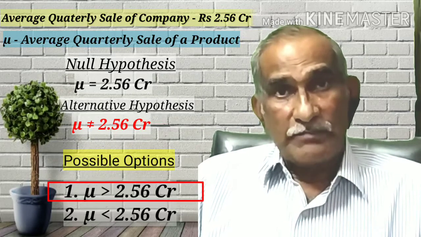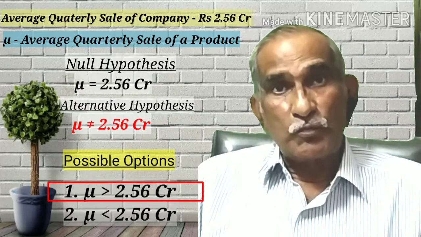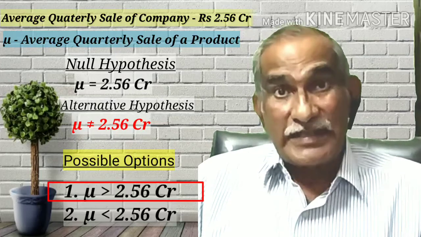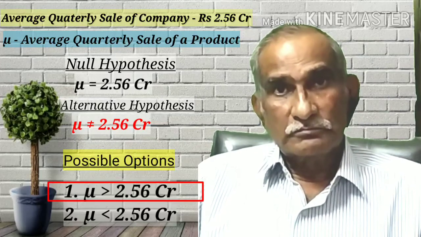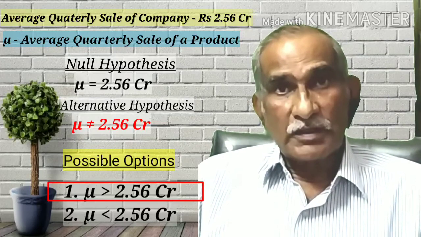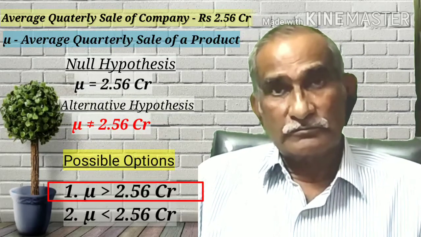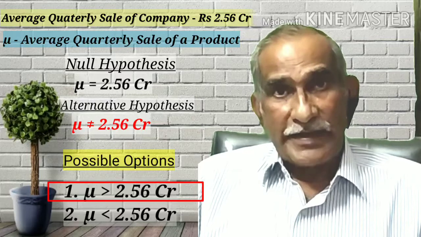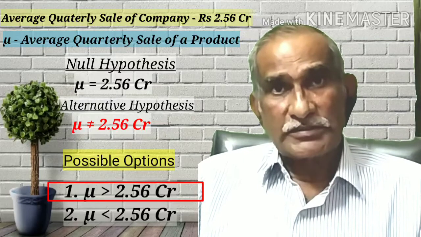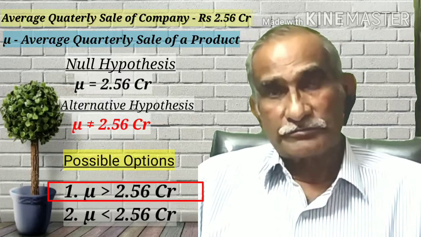So if the null hypothesis that mu equal to 2.56 crore is rejected, it means that the advertisement campaign has been effective and it has promoted the sale of that product.